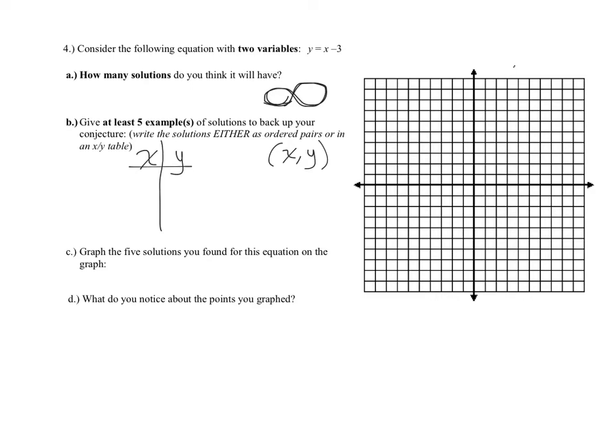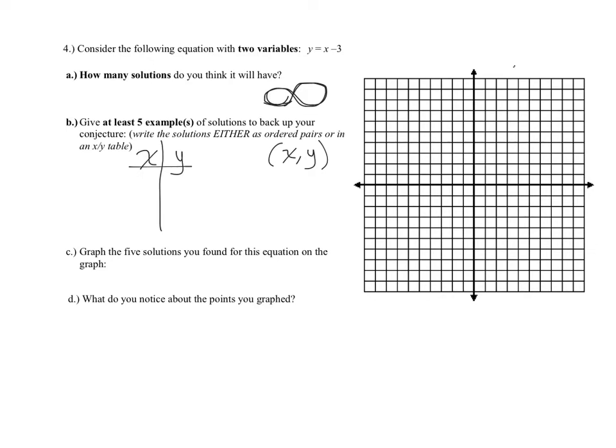Either way, you're picking numbers for x or for y and then figuring out what you would need to do to get the other value. So when you give me examples, you always want to give me at least one negative value for x or for y, a 0 for one of them, and a positive.